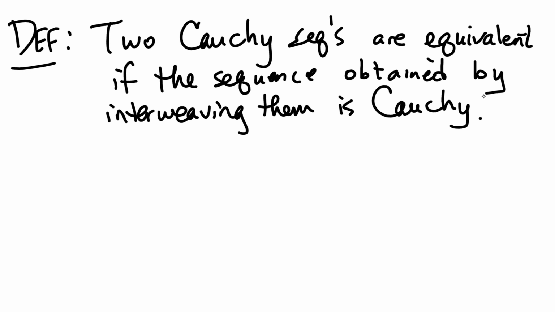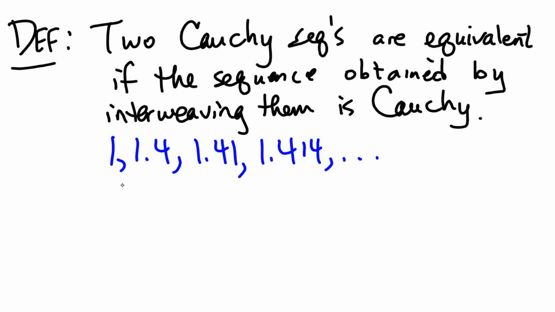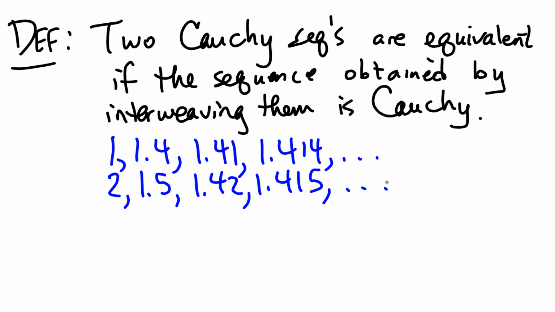So you and I may have come up with 1, 1.4, 1.41, 1.414, and so on, or we could just as easily have done 2, 1.5, 1.42, 1.415, and so on. This converges to the square root of 2. This converges to the square root of 2. The sequence obtained by interweaving them.